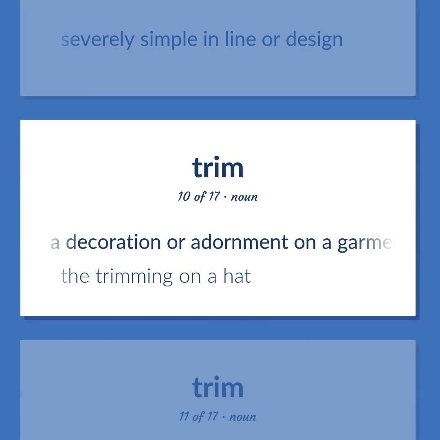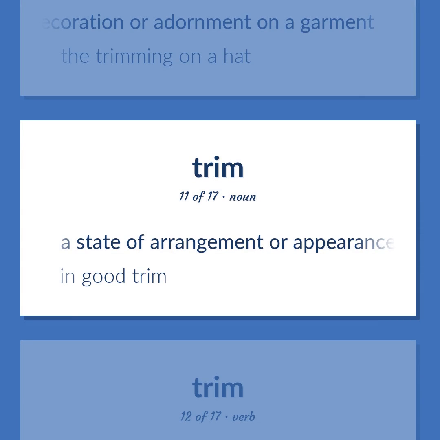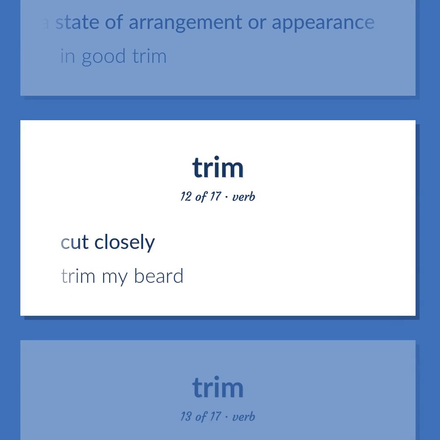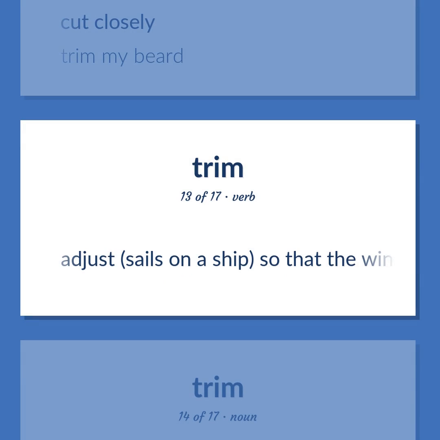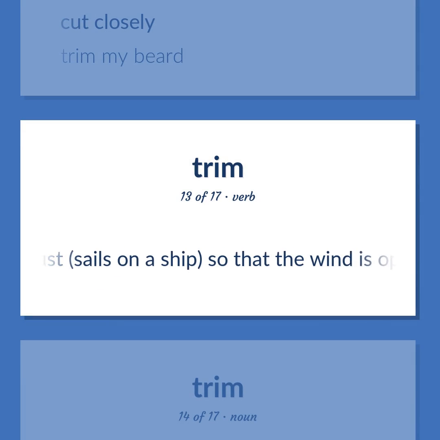A decoration or adornment on a garment. The trimming on a hat. A state of arrangement or appearance. In good trim. Cut closely. Trim my beard. Adjust sails on a ship so that the wind is optimally used.